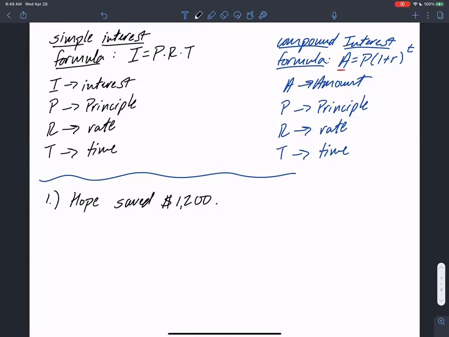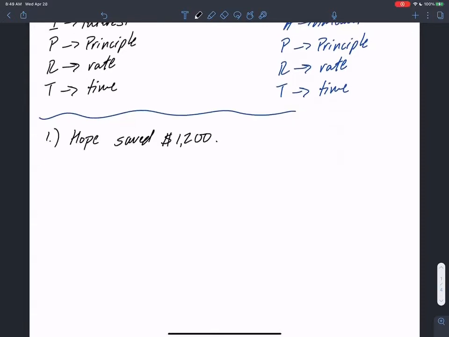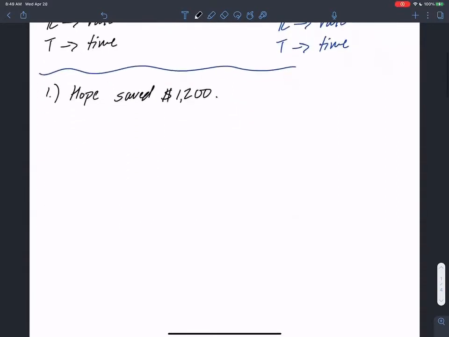So now she wants to decide she's gonna leave that money in there. She wants to just, I don't know, get it in a couple years. So she's gonna decide, does she want to put it into a simple interest account or a compound interest account? So let's go ahead and just break up two columns. Simple interest.